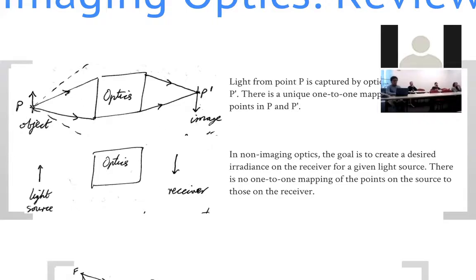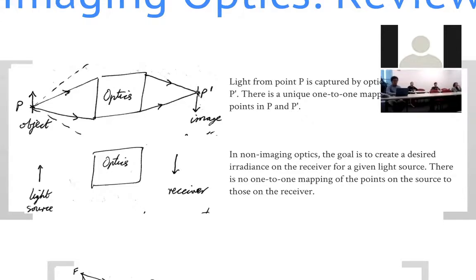That means that if you have a point P on an object and you have rays of light emanating from that point, you have a corresponding point P prime on the image onto which all these rays, which come from P, essentially converge. And I assume you also saw what virtual images were. In the case of virtual images, the rays will appear to diverge from that point, but we'll talk about real images for now. So in that case, the rays actually converge to the point.